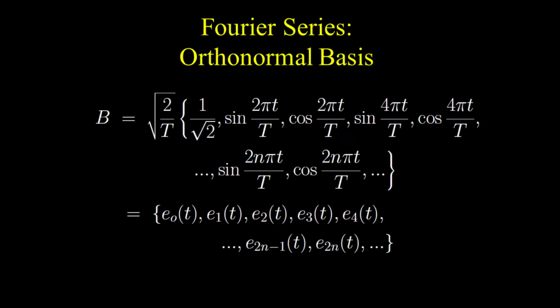Cosine and sine signals of period T are probably the simplest signals of the space of periodic signals. Fortunately, this set of cosine and sine signals of period T constitutes an orthonormal basis in this space.